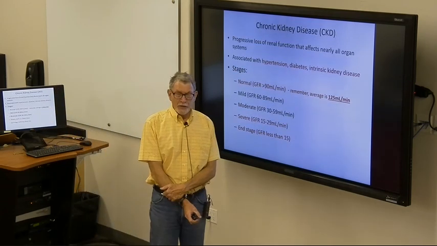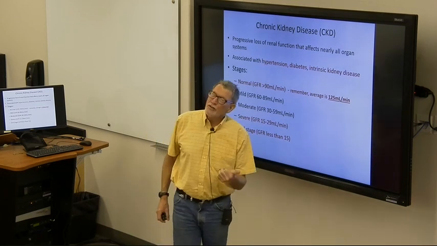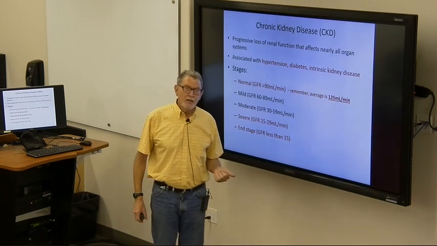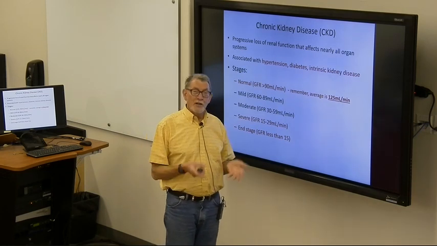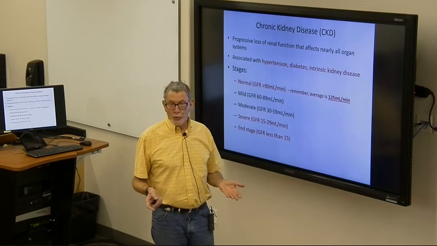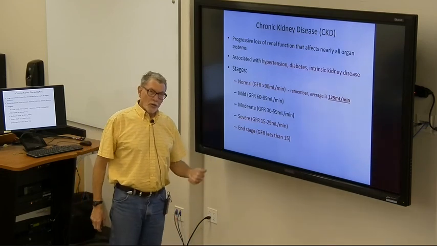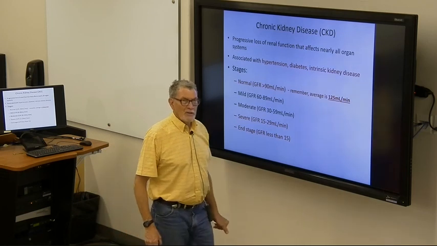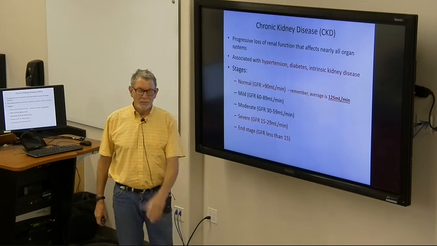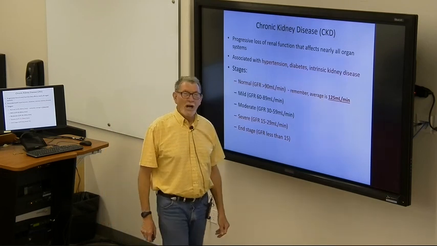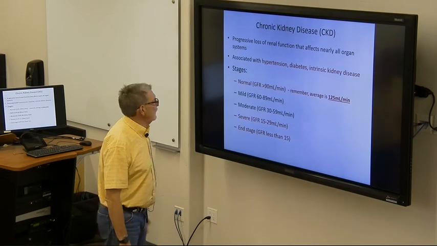Chronic kidney disease happens for a variety of reasons. Kidney disease like polycystic kidney disease, long-time damage to the kidney that scarred it so much that it doesn't have the ability to produce urine much anymore, drugs, chronic alcoholism, massive amounts of ibuprofen or Tylenol; sometimes massive amounts can do kidney damage.